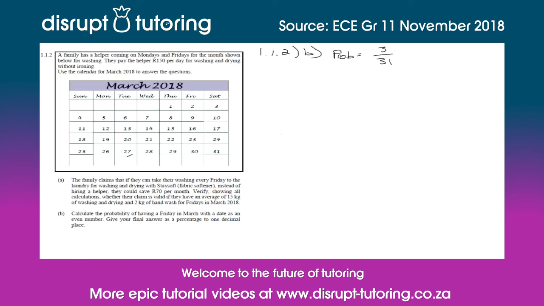So the total was 31, and there are 3 of them that happen to be even numbered that fall on a Friday. And remember, we need this as a percentage, so we times it by 100 to get it as a percentage. We put it into our calculators, and you get that the answer, rounded to 1 decimal place, is 9.7%. And that's the probability.